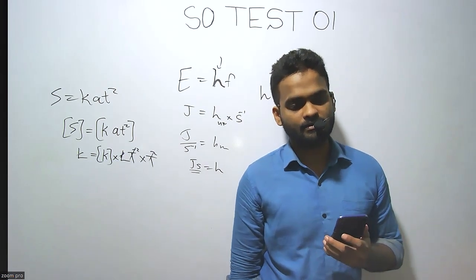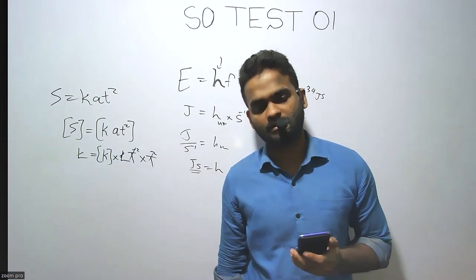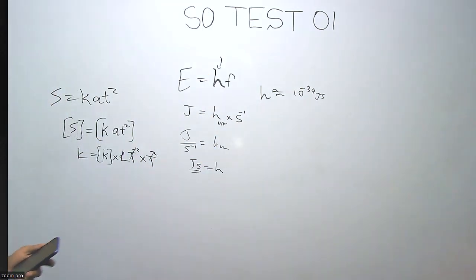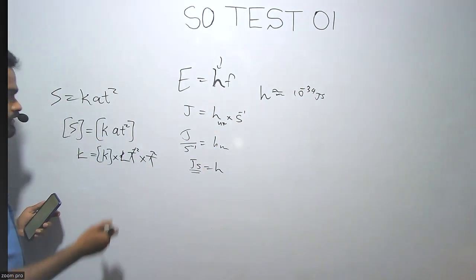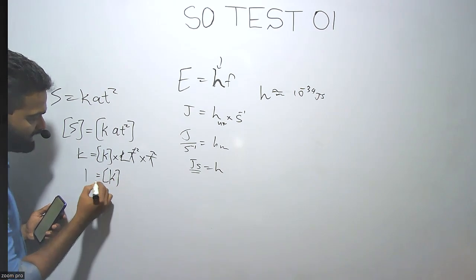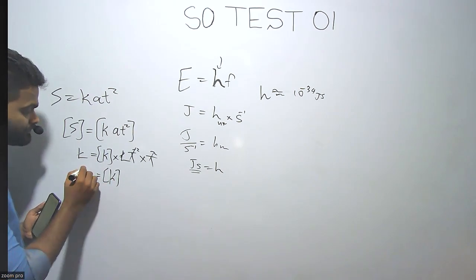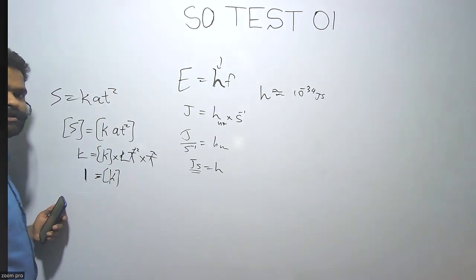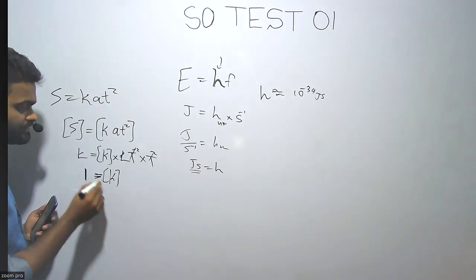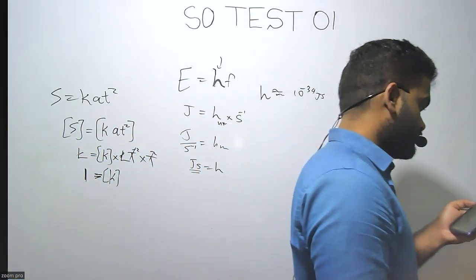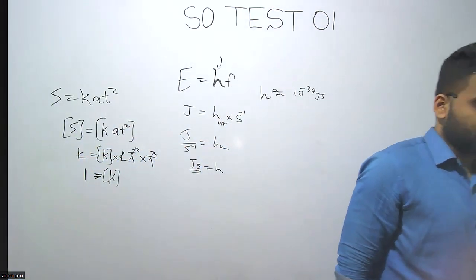Those are the mistakes that students make. Okay, so now everything is cancelled off. So the dimensions of k is 1. What does it mean? k is dimensionless, right? That's what it means. So the answer is the 5th one for that question.